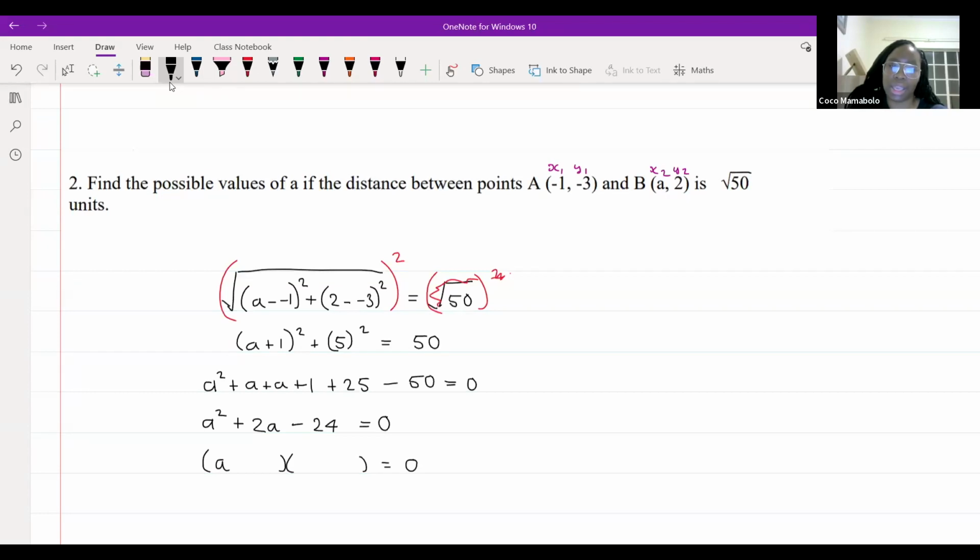That'll give me a and a, and factors of 24 that give me +2 would have to be +6 and -4. Thank you, Abu. Good. Therefore, a is equal to -6, or a is equal to +4.